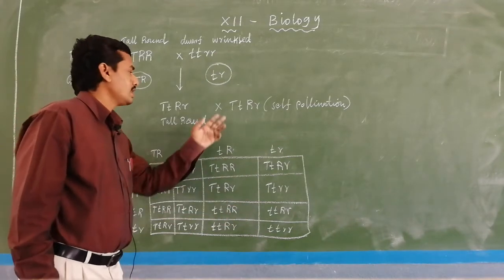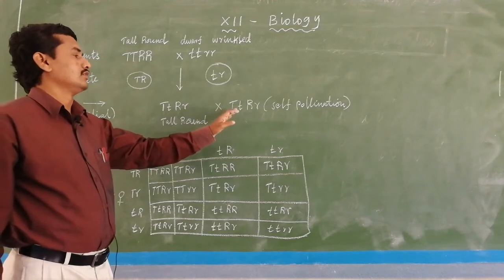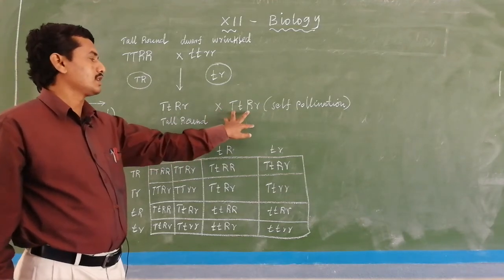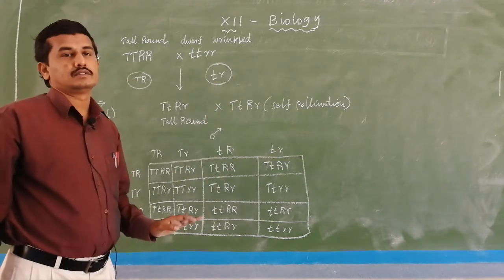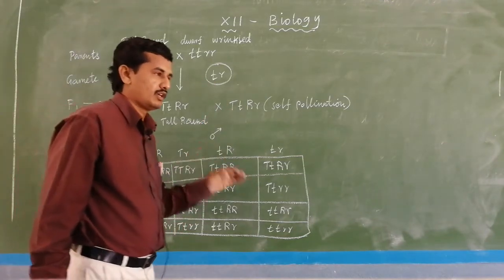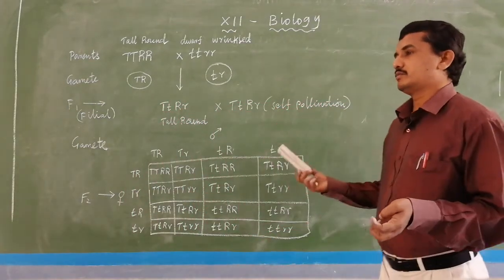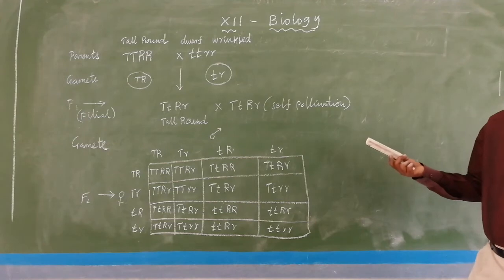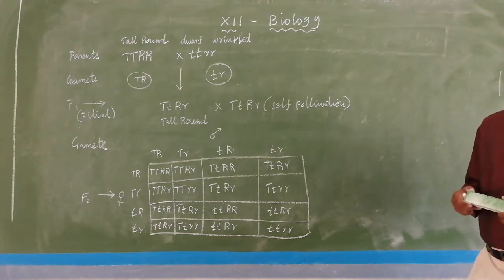Okay, one dominant character is expressed. Actually, one capital T and one capital R means it is expressing tall and round only. One capital letter, or one dominant trait, is expressed. If one dominant gene is present, the character is expressed in only the dominant version, not the recessive version.